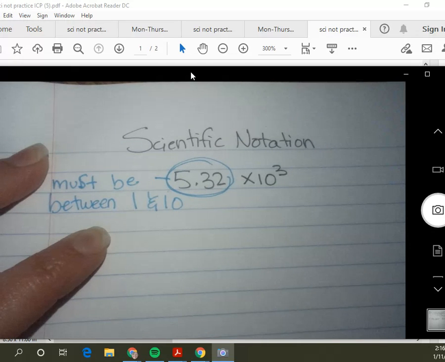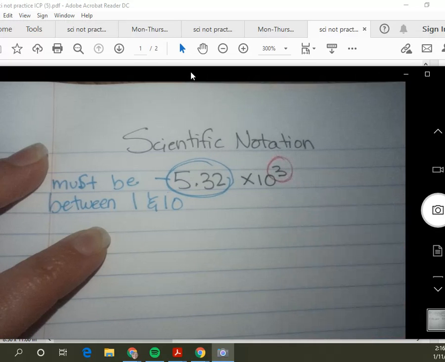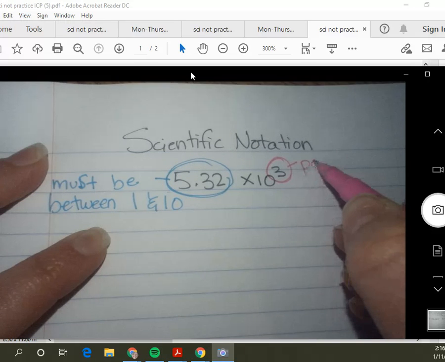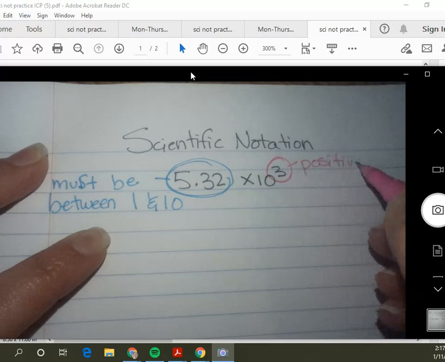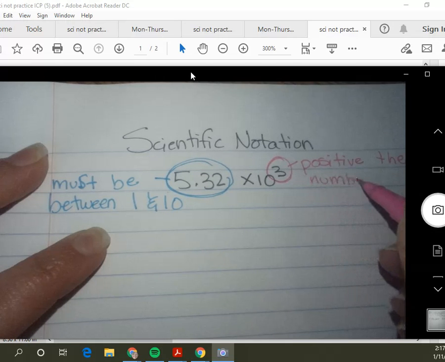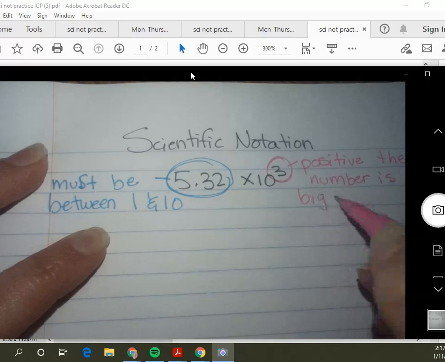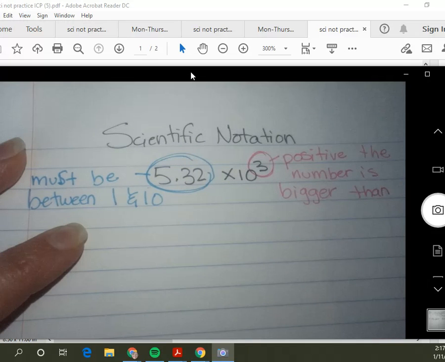And then what is true about the exponent? If it's positive, the number is bigger than 1.